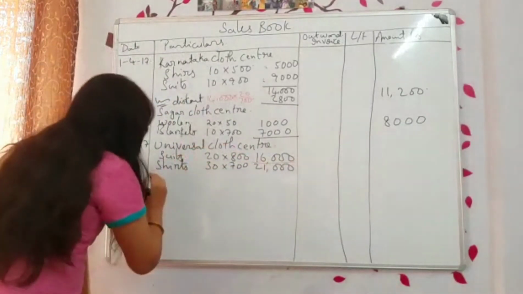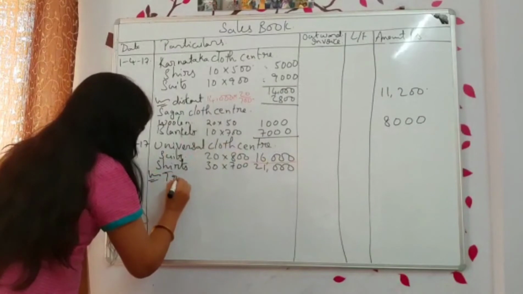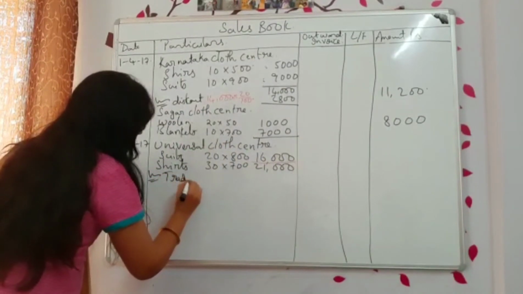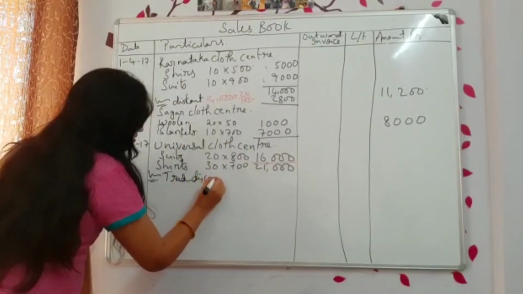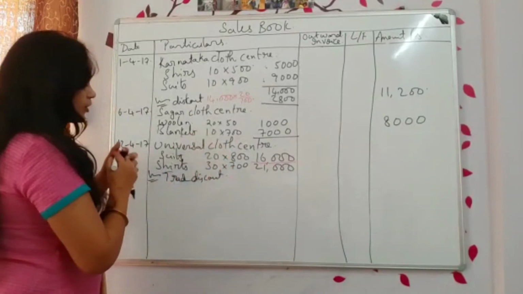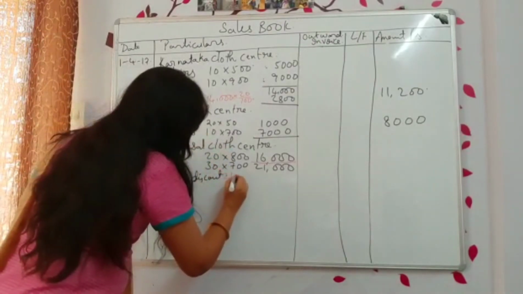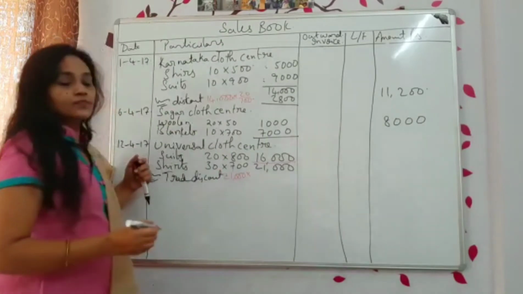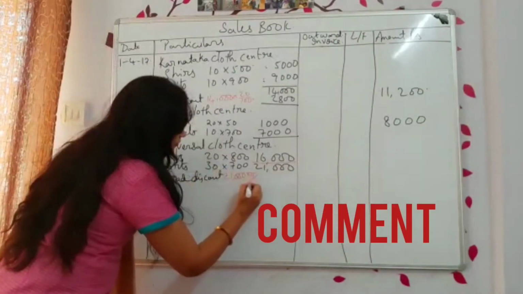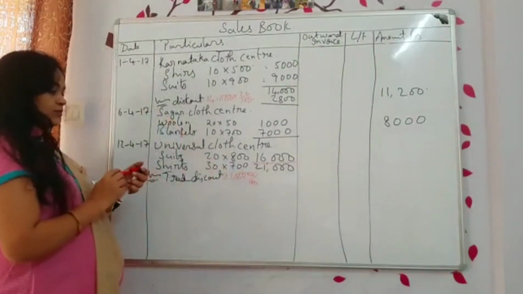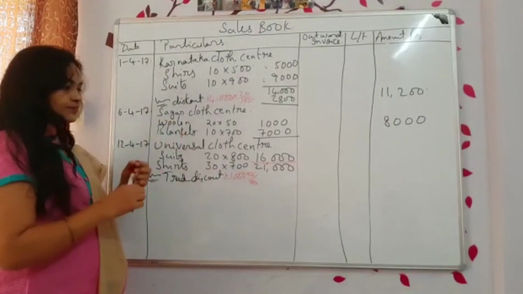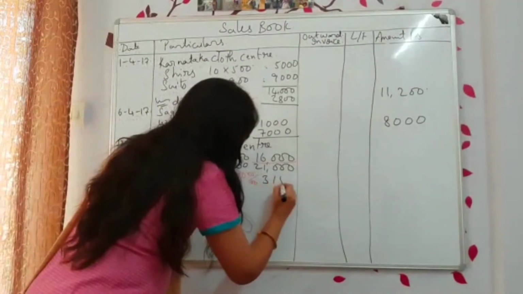Less trade discount. The amount is 21,000 and the percentage is 15, so 15 divided by 100 gives 3,150.